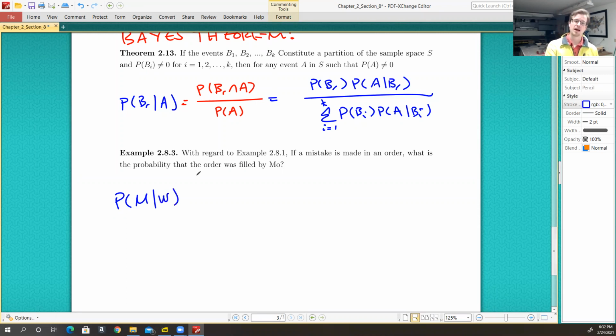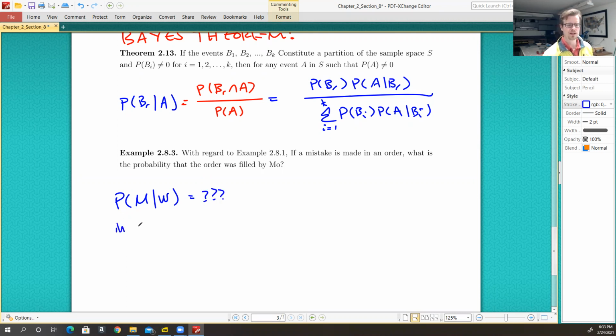We found the probability that there's a mistake given that Mo filled the order. We know that from the problem. That's given. Mo makes a mistake 6 out of every 100 times. But here we're saying we know there's a mistake that was made. What's the probability that Mo made the mistake?